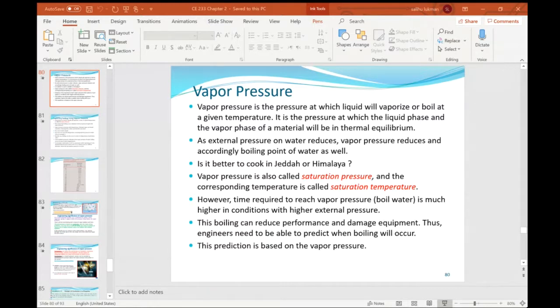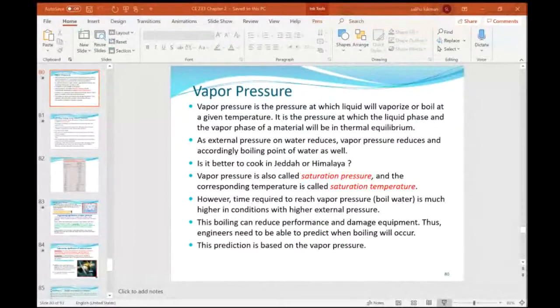While in Jeddah, because the boiling point is 100 degrees, you may cook your food at a higher temperature. So you get more heat, and hence your food will be cooked at a faster rate.